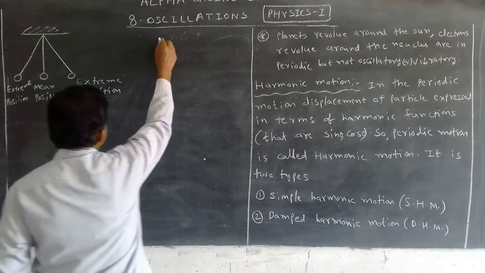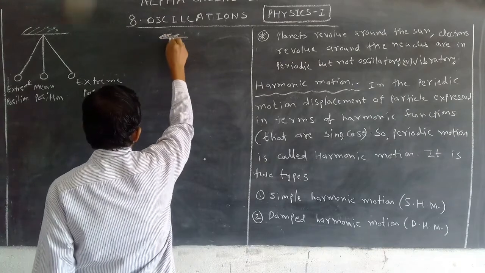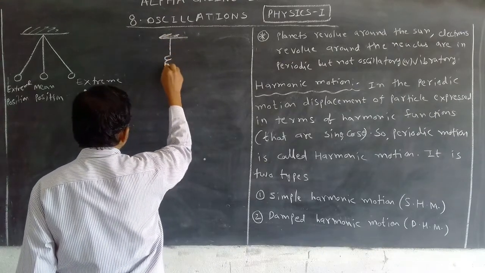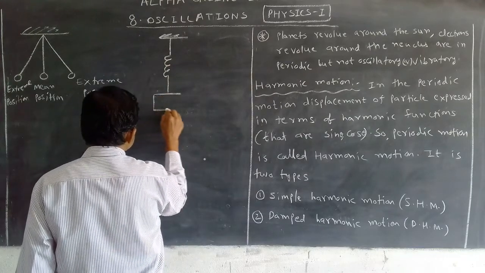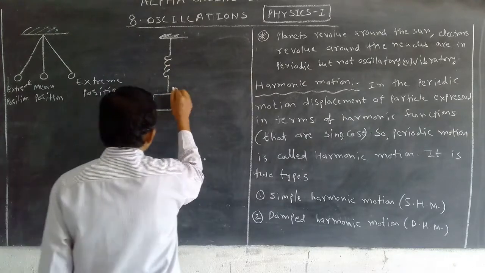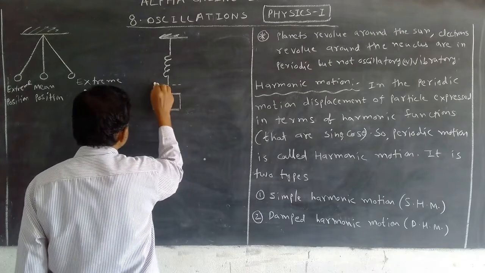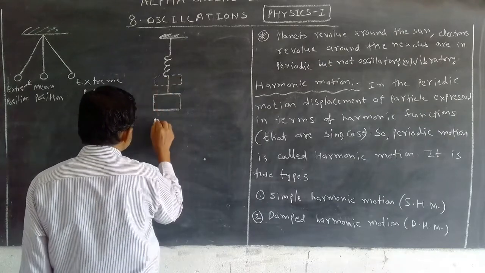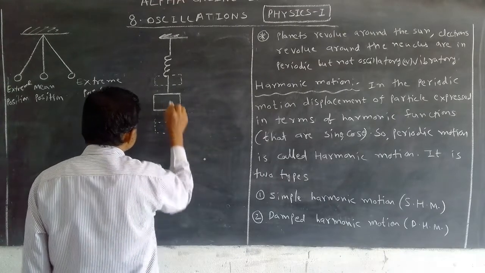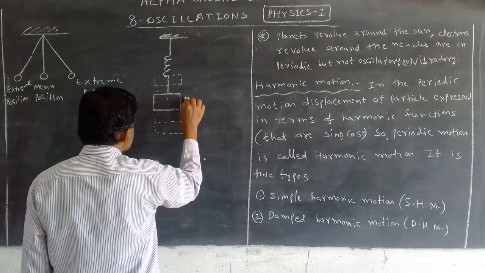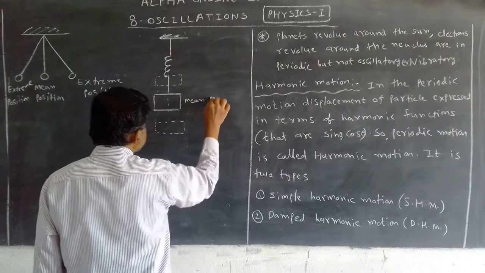Next, another one, a mass loaded spring. It moves to and fro like this. This is called the mean position.